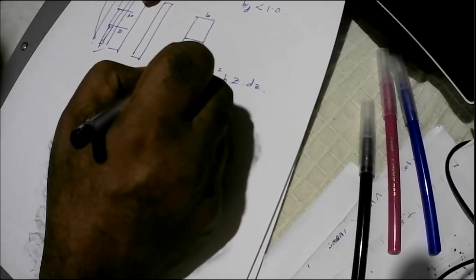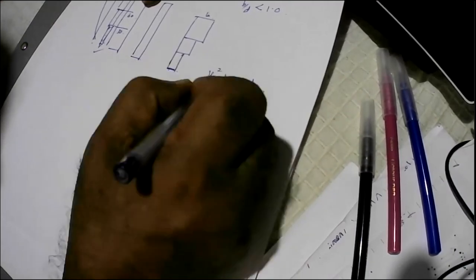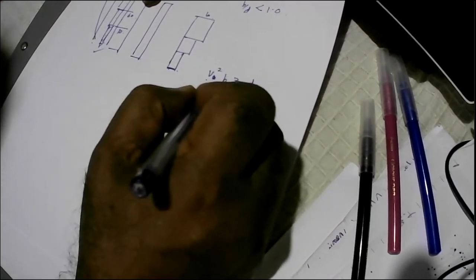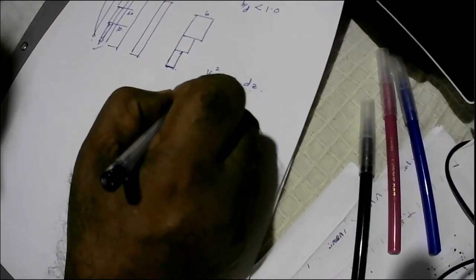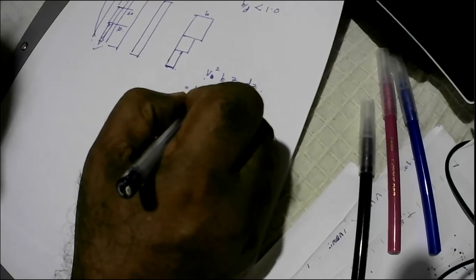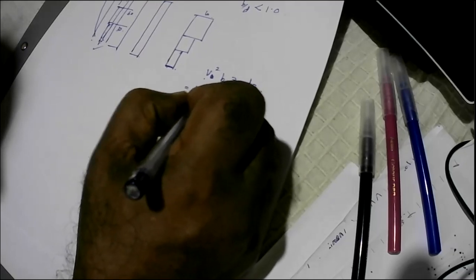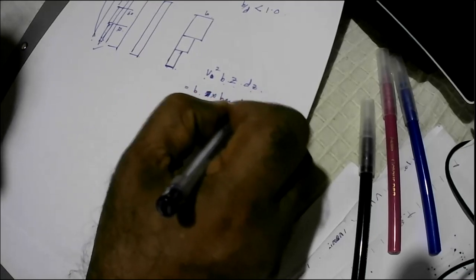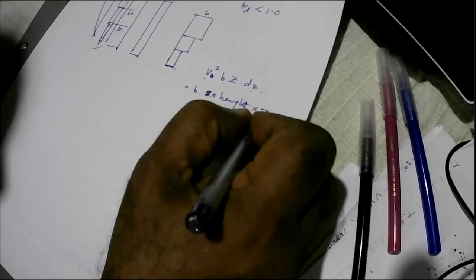So this can be found because now we have made it constant, V constant. So we can say V squared B Z dz is equal to B times the corresponding height multiplied by Z bar, the distance to the centroid.